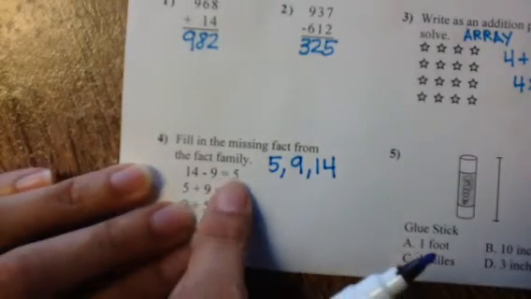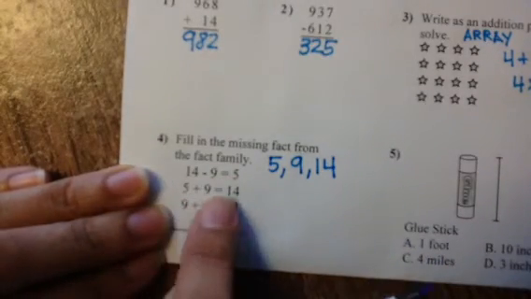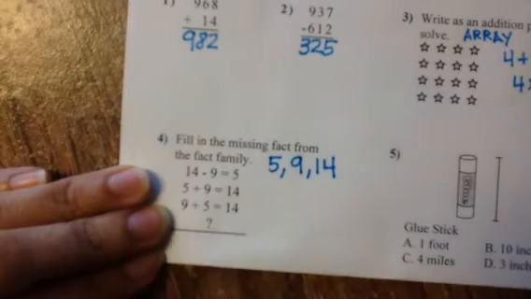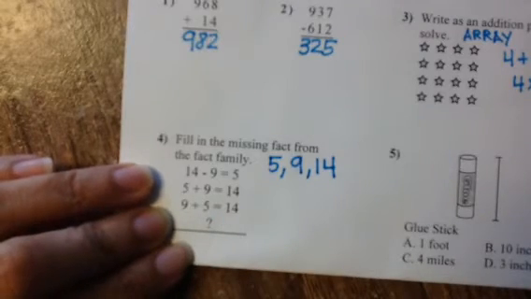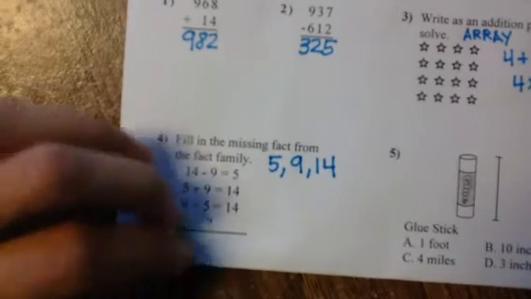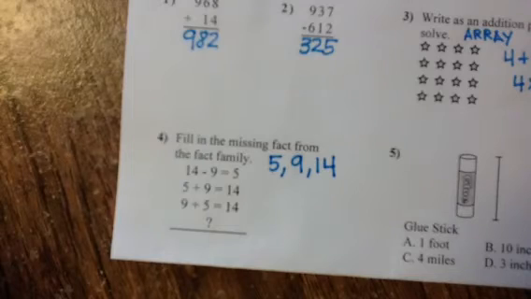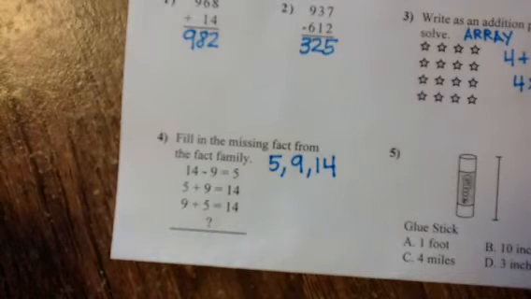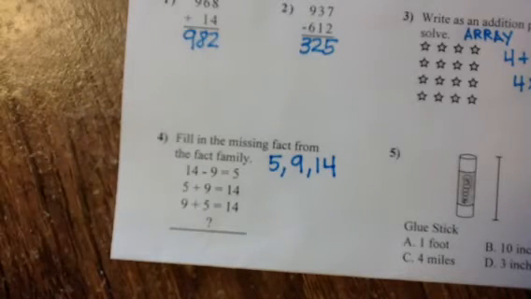See, look, 5, 9, 14. So now we have to come up with the last sentence. What's the other rule about fact families? You have 2 what? 2 addition sentences, and then 2 what? Subtracting sentences.